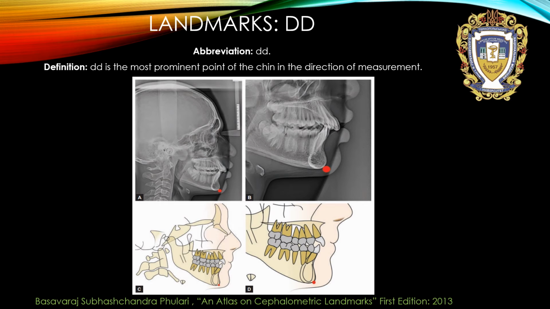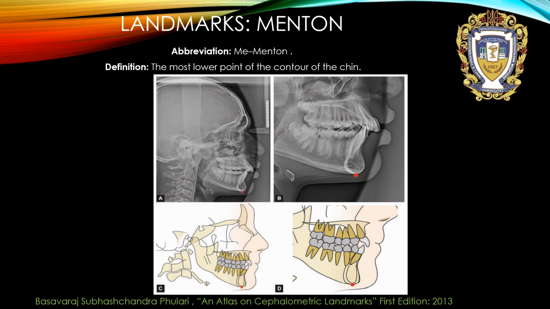DD point is the most prominent point of the chin in the direction of measurement. Menton point. It is the most lower point of the contour of the chin.